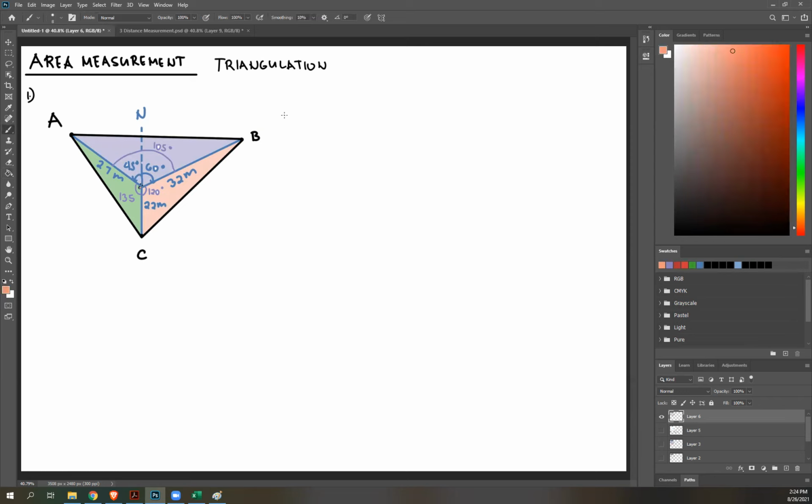Start with area A, area 1. So A1, again, 1/2 AB sine theta. So AB are the 2 sides. So 22 times 32 times sine of the angle in between, 120.